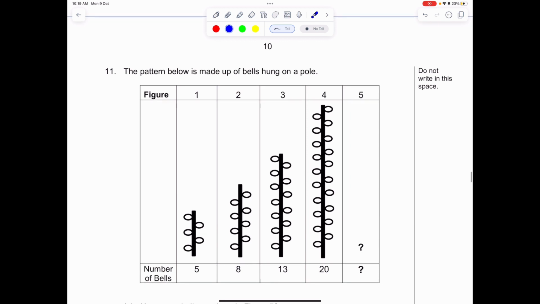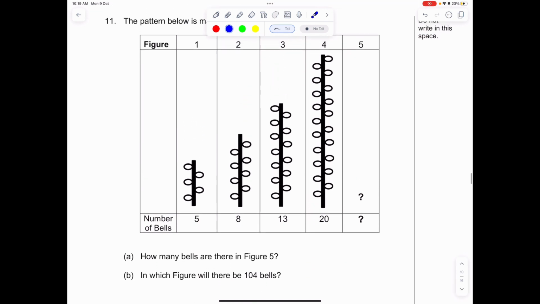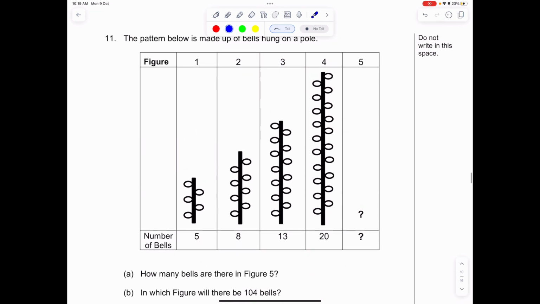Okay. The pattern below is made up of bells hung on a pole. So how many bells are there in figure 5? To do this kind of question, what you should do is that you need to actually see what is the difference.